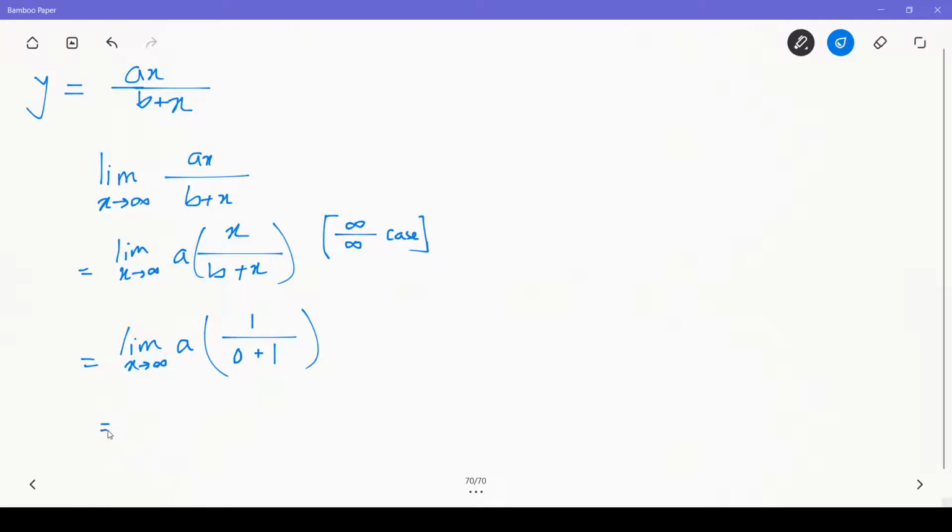So the limit is a times 1 divided by 1, which is basically a. So as x tends to infinity, y becomes a, right? So y gets asymptotically close to a, right?